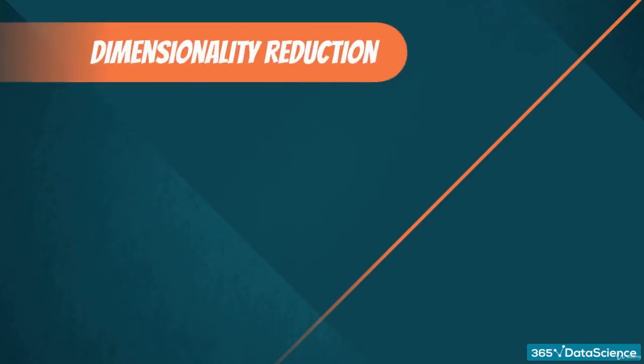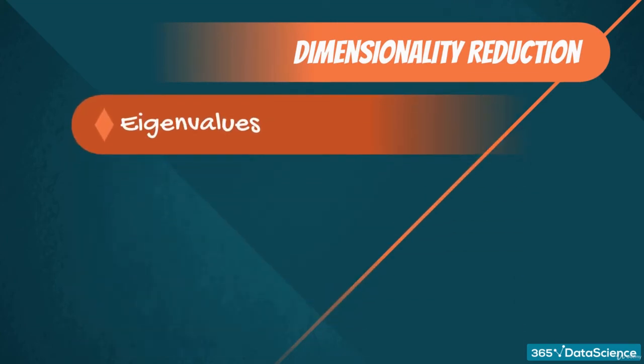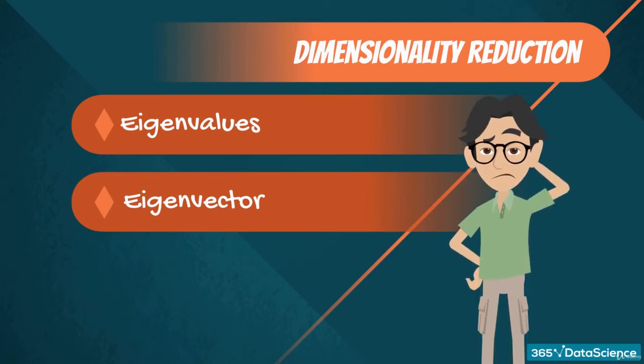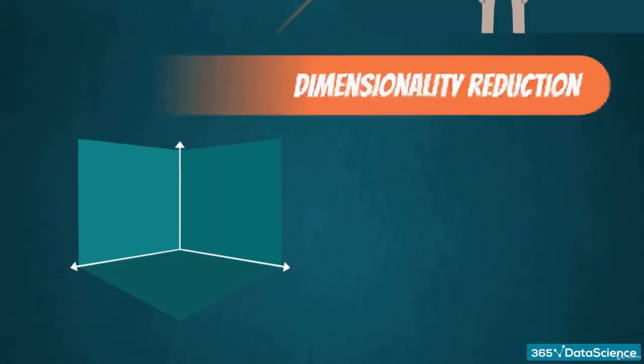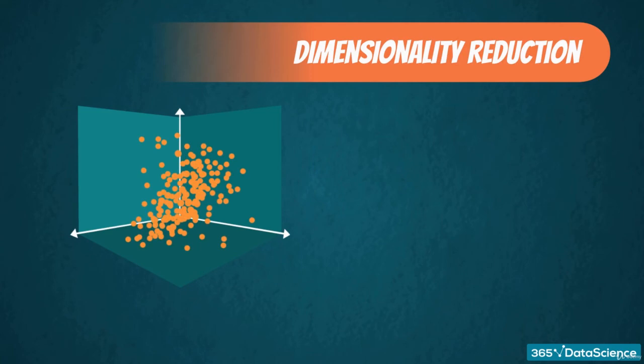Finally, dimensionality reduction. Since we haven't seen eigenvalues and eigenvectors yet, there is not much to say here, except for developing some intuition. Imagine we have a data set with three variables. Visually, our data may look like this. In order to represent each of those points, we have used three values, one for each variable x, y, and z.